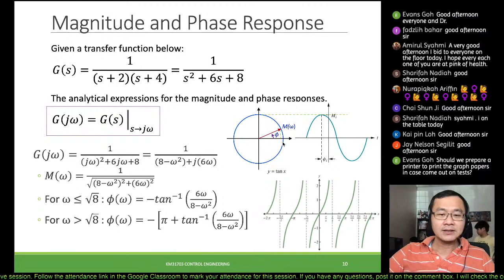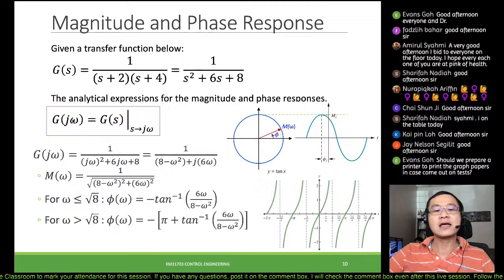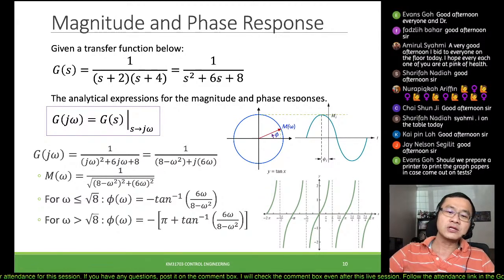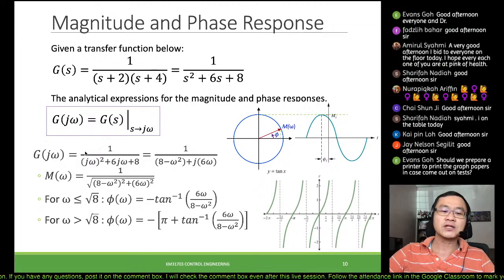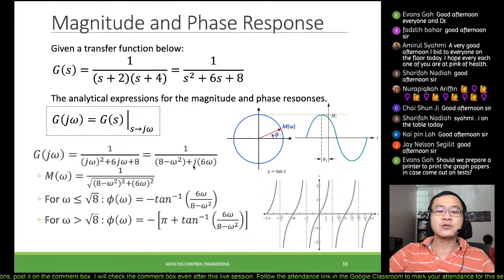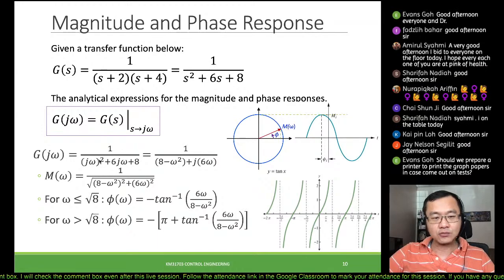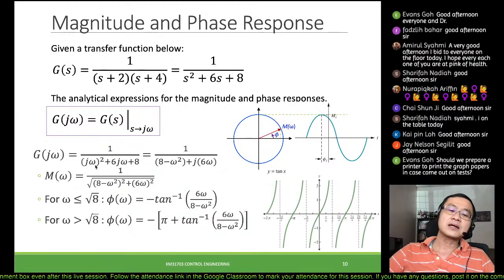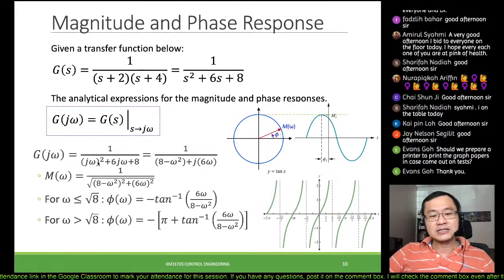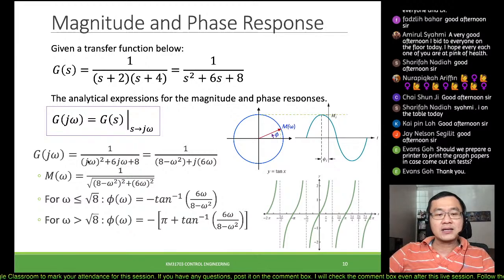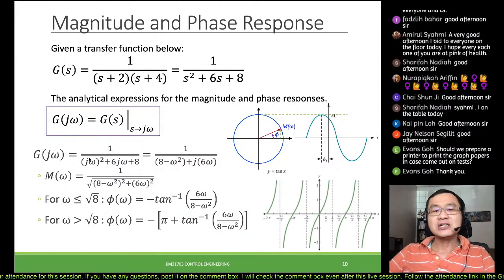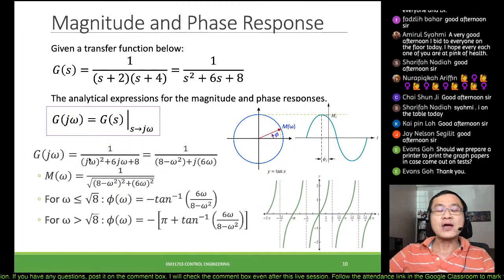Now come back to these sections. When we replace the s with j omega, what we need to do now is just replace all the s with the j omega. So j omega, j omega. Now when we take the j omega squared, this j, which is an imaginary value, the square root of minus 1, when we square it, you will get a minus 1.